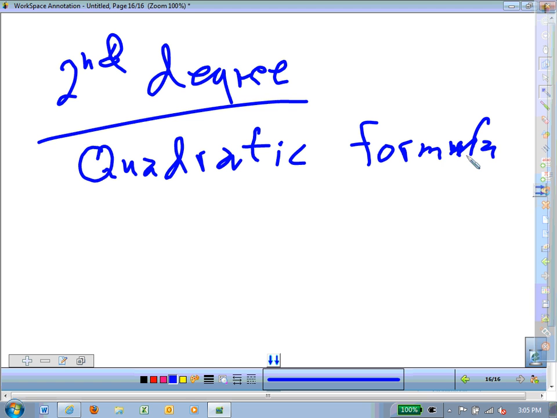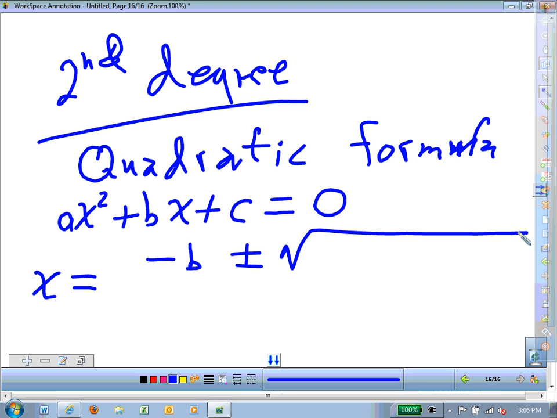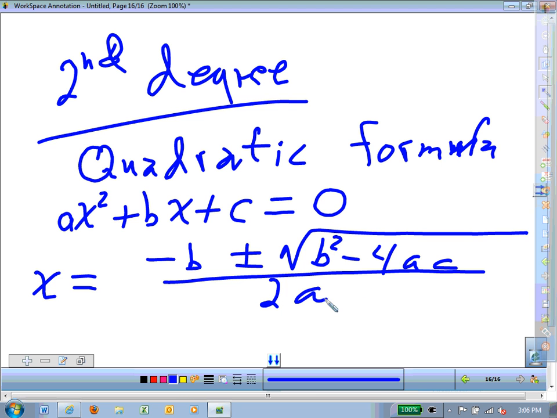But once you have the quadratic formula, it says if you take a general quadratic equation, set it up in this form, quadratic equal to 0, coefficients a, b, and c, then the solutions come from the coefficient by what? Minus b plus or minus the square root of b squared minus 4ac, all over 2a.